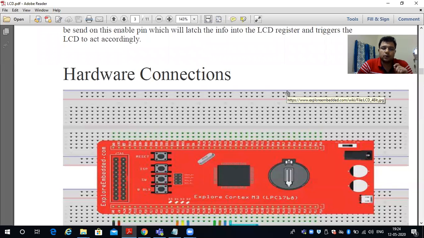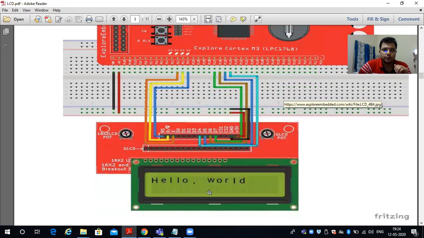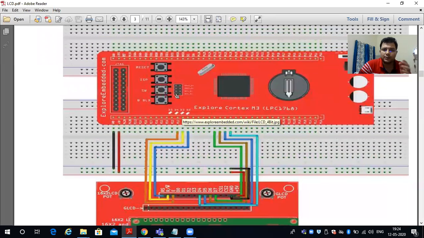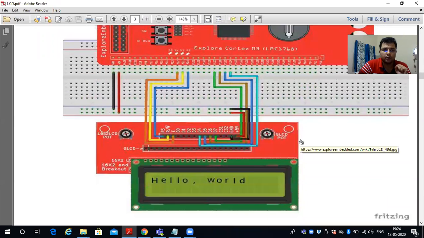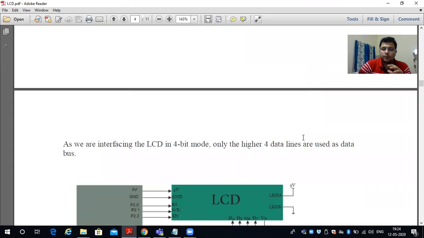Now next we'll discuss the hardware connection and the schematic corresponding to the LCD display. So this is the hardware connection and the display unit, and the schematic which we will use in our program.